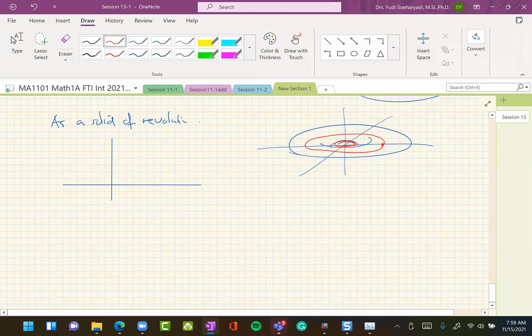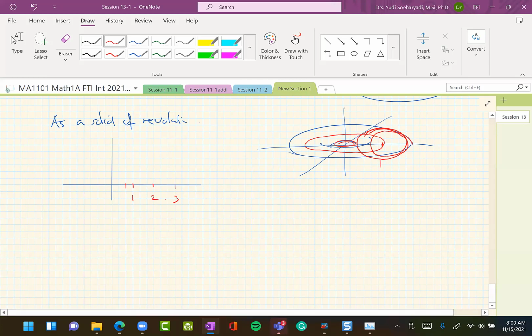Okay, so if you make a cut, it looks like a circle here. Say a circle of radius, so this is 1, 2, 3.